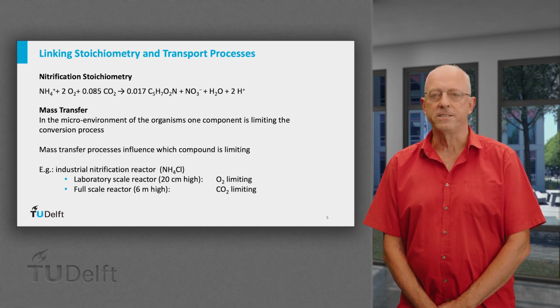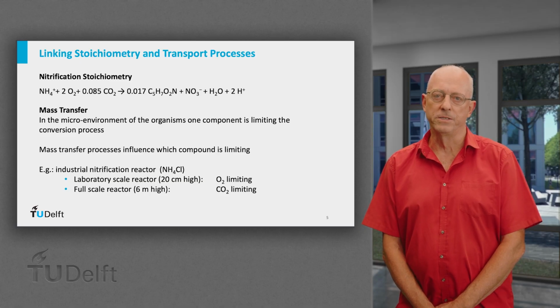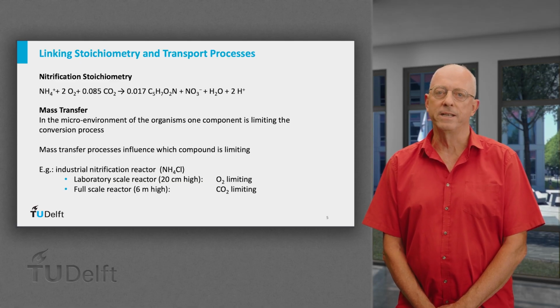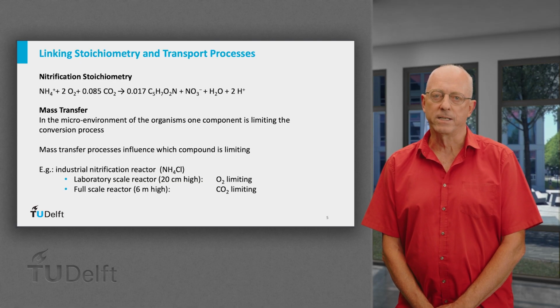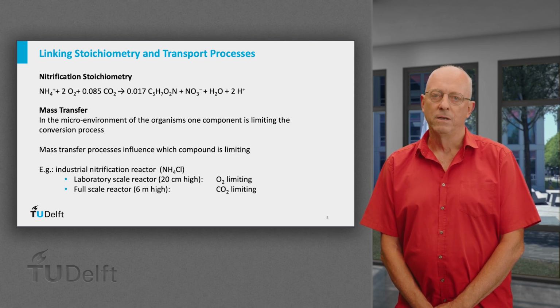Let's look at nitrification, where ammonia is converted to nitrate using oxygen and CO2. The stoichiometry tells us which compounds enter or leave via the liquid phase, like ammonia and nitrate, and which interact with the gas phase, like oxygen and CO2. Here's where scale matters. In a 20 centimeter lab reactor, treating ammonium-rich wastewater, oxygen is often the limiting factor due to aeration constraints.